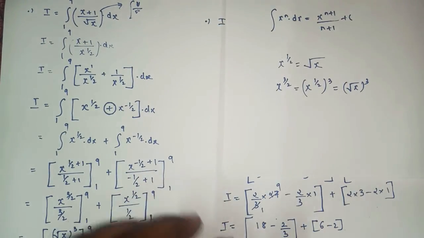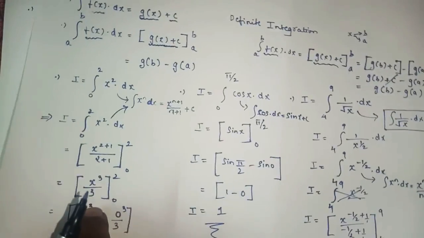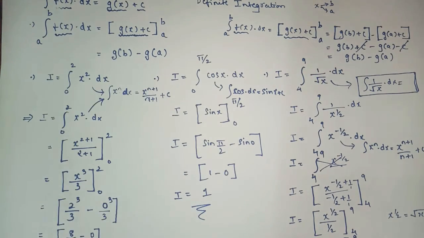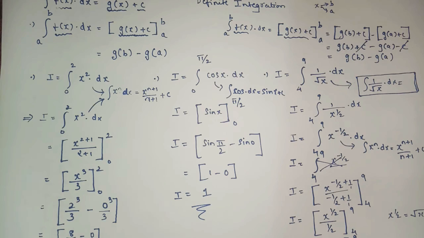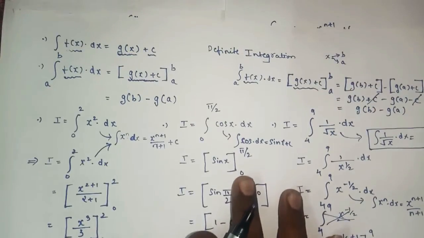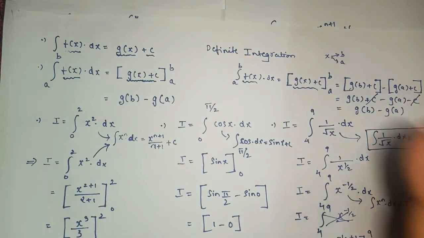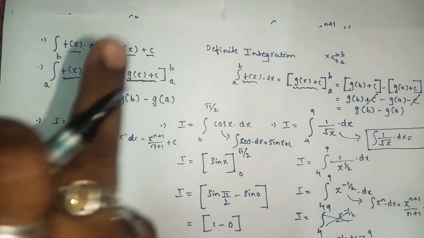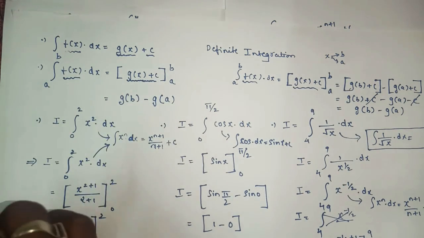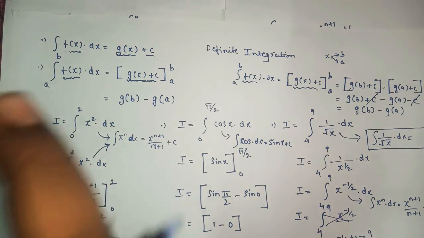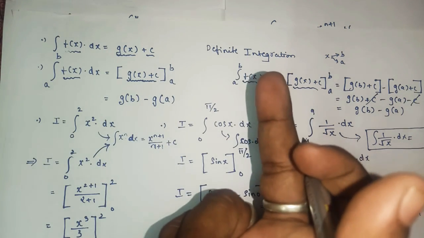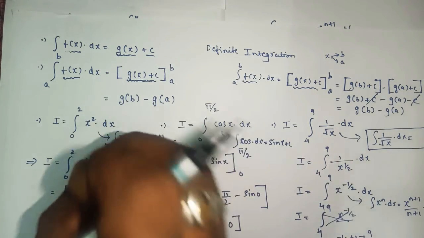So here I just took some basic examples based on x raised to n, based on basic integral formulas, yes or no. I hope you all understood the concept, the difference between definite integration as well as integration. And remember one thing, how to guess whether a particular question is from definite or indefinite integral.